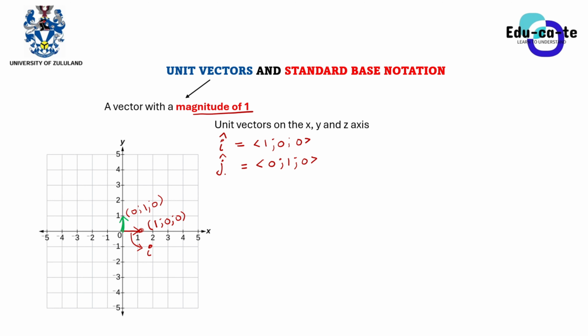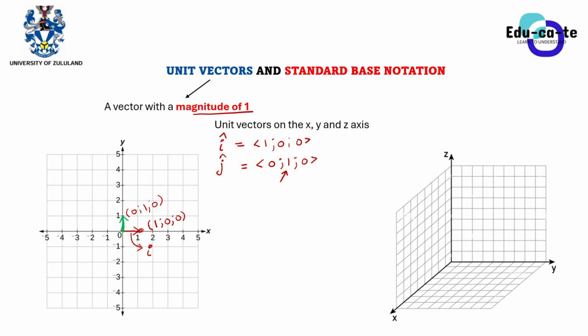When we are saying j, we are talking about a vector along the y-axis with a length of 1, so the y component will be 1. Then we can do the same thing and extend it to a 3D Cartesian plane, the xyz Cartesian plane.